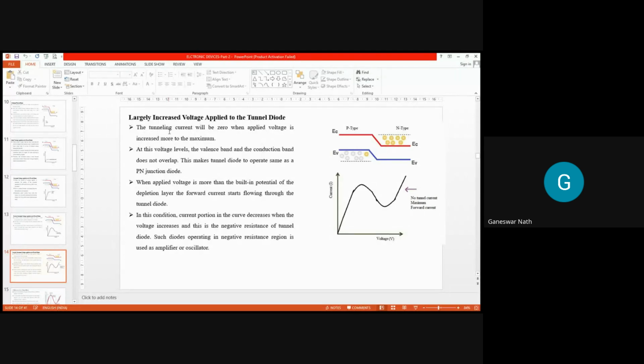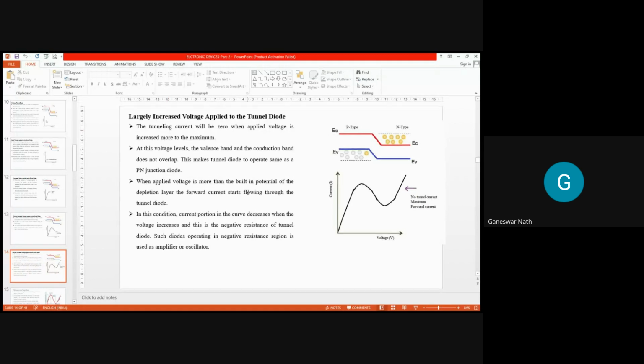This is what is described here. All of you can see now.